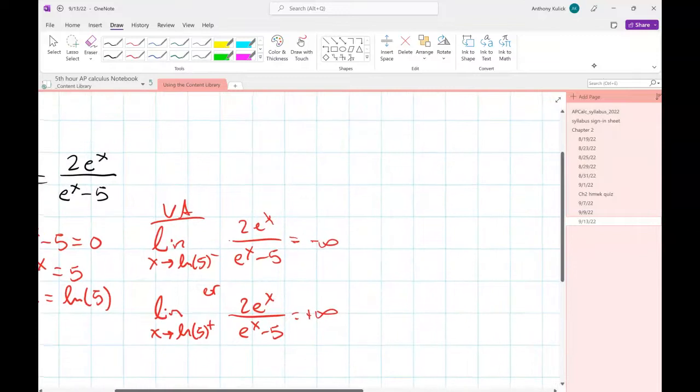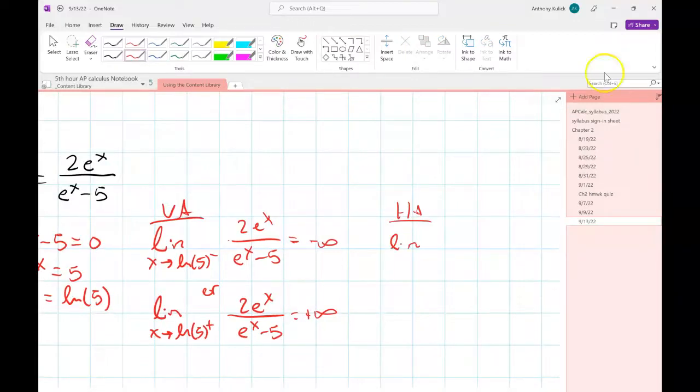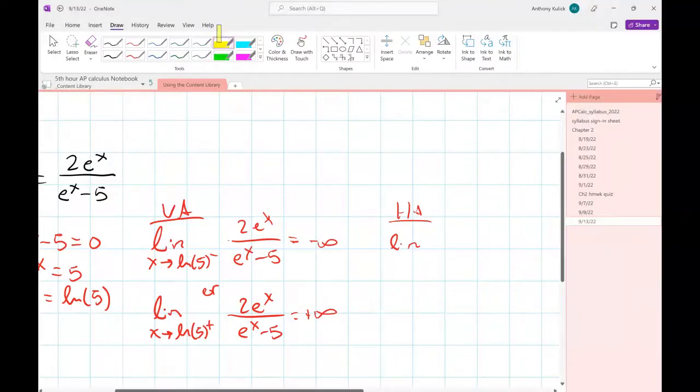Okay. And then for our horizontal asymptote, well, to show it's a vertical asymptote, you have to show either the left hand limit or the right hand limit is going to infinity. Whether it's positive or negative, it doesn't matter.